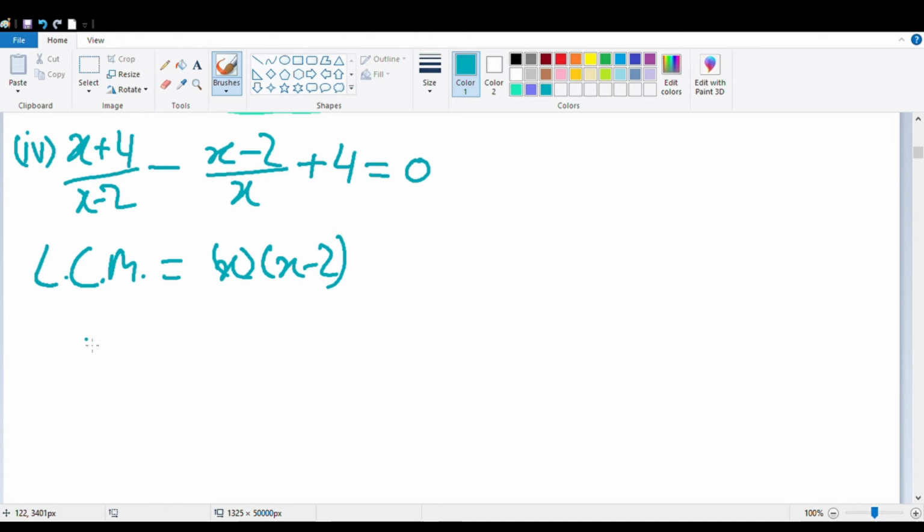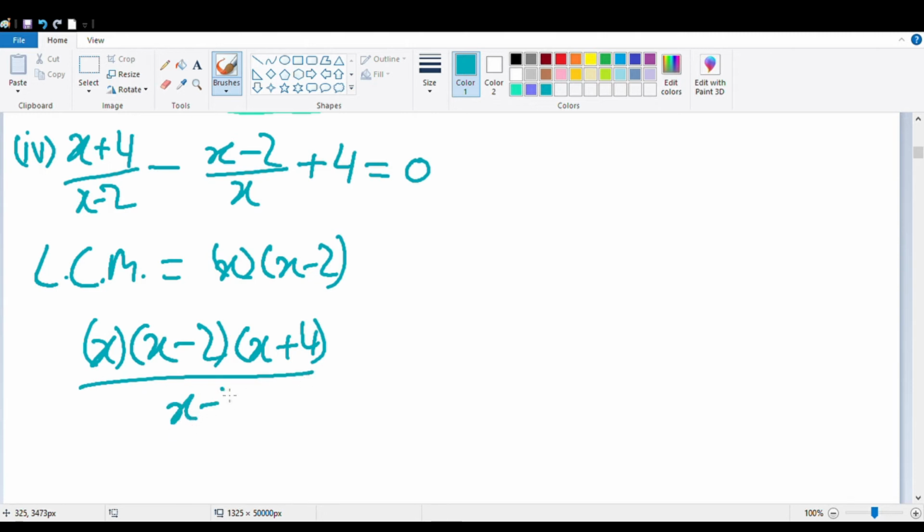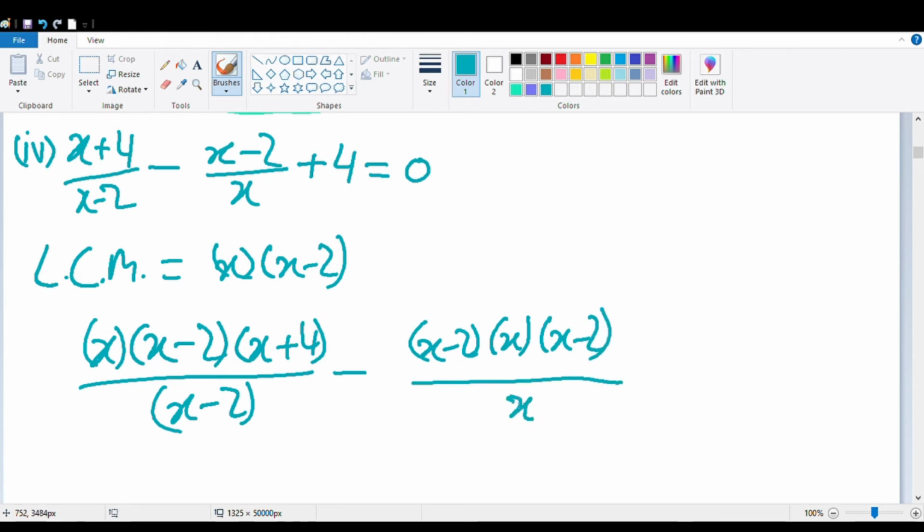So let's multiply all terms by x into x minus 2. So x into x minus 2 into x plus 4 divided by x minus 2 minus x minus 2 into x minus 2 divided by x, plus 4 into x minus 2 is equal to 0.